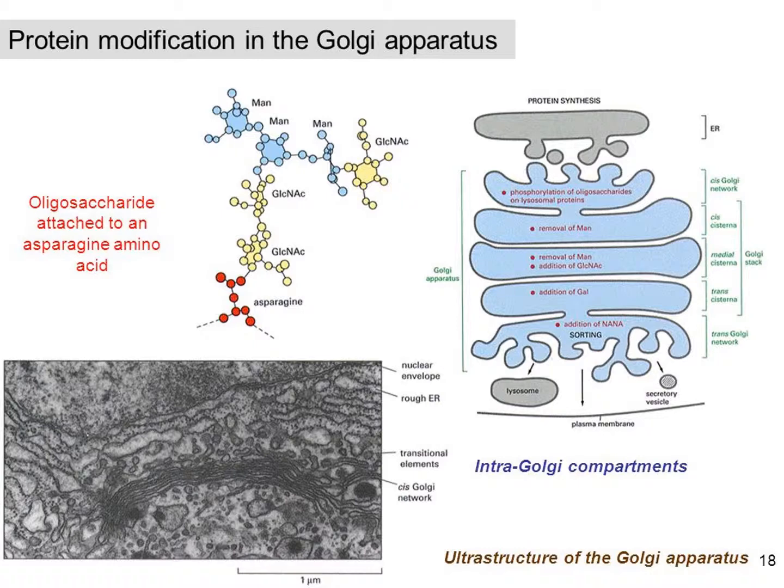They add a GlcNAc here, and then they add a galactose and sometimes other sugars, including NANA sugar, and then proteins leave going to various destinations. So the trans-Golgi network is where proteins move to different locations in the cell. We'll come back to that. Okay, so that's a key concept.